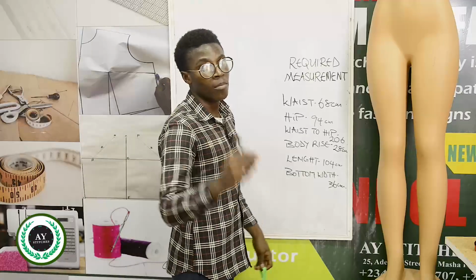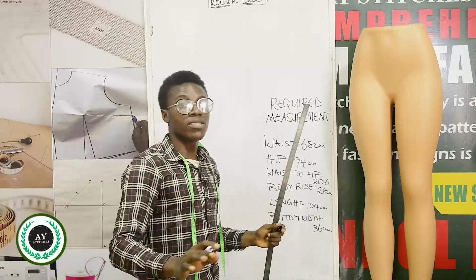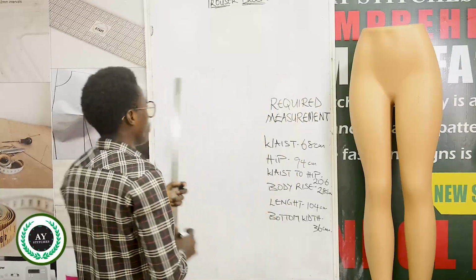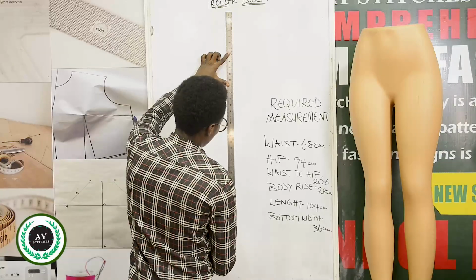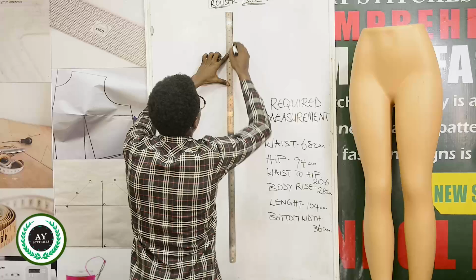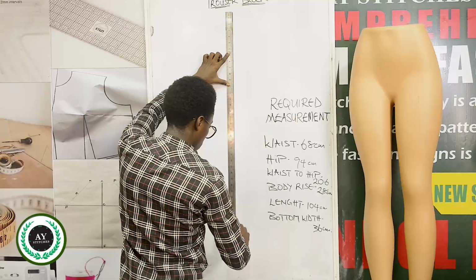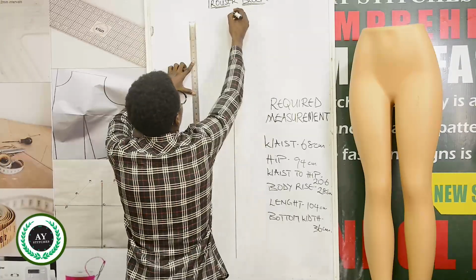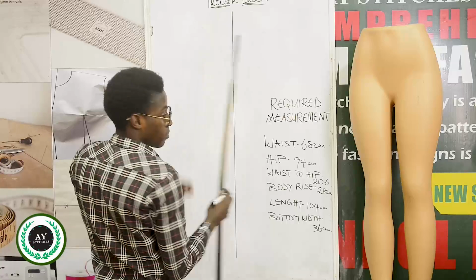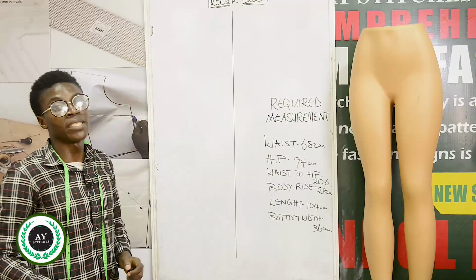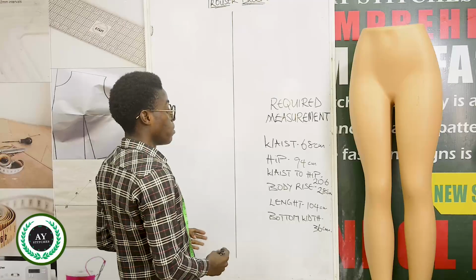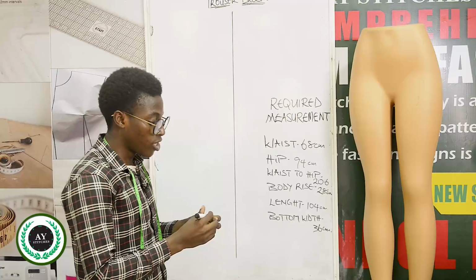Okay, so we move on to drafting the trouser block. The first thing you need to do is to get your balance line. So make sure that this line is straight. Okay, so now once you've gotten your balance line, what you need to do is to measure the length of the trouser.